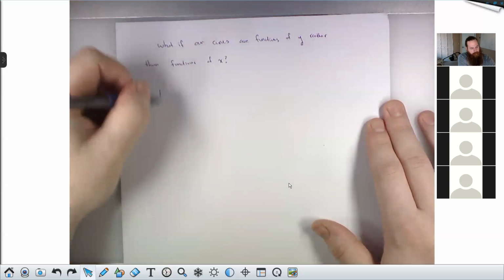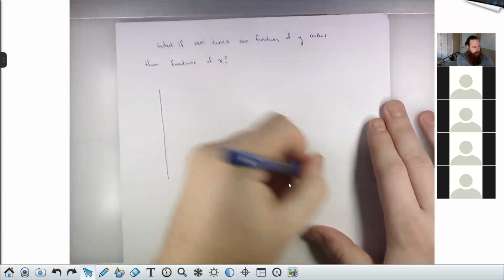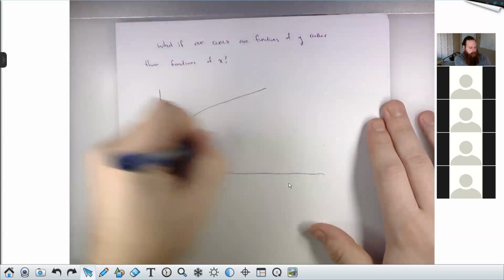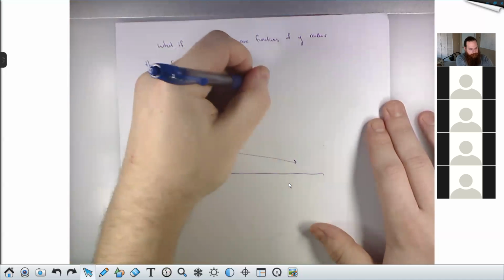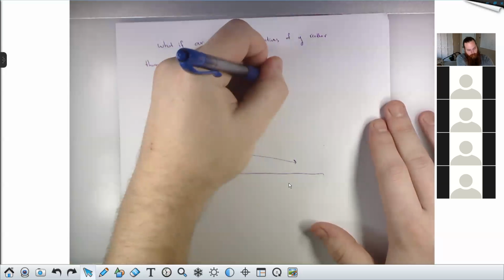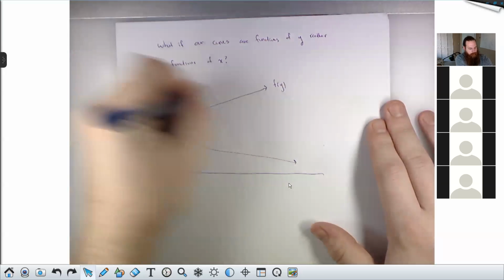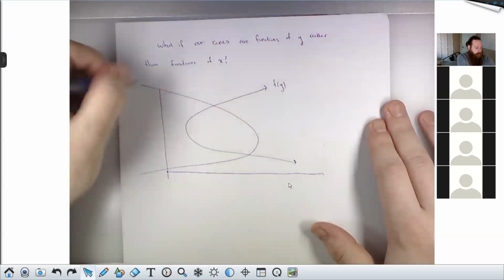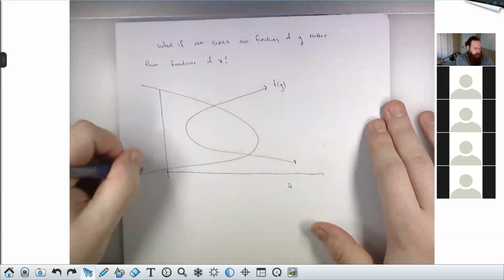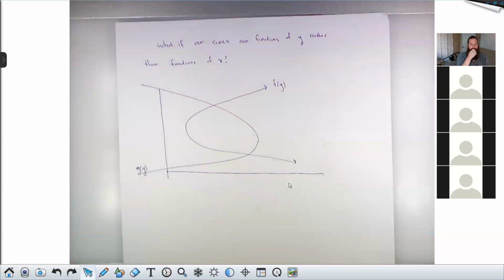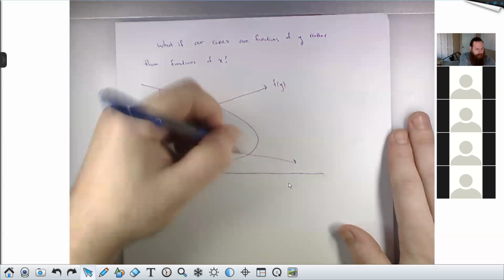So maybe my setting is something a little bit more like: here's f of y, and here's g of y. How could I find this area?